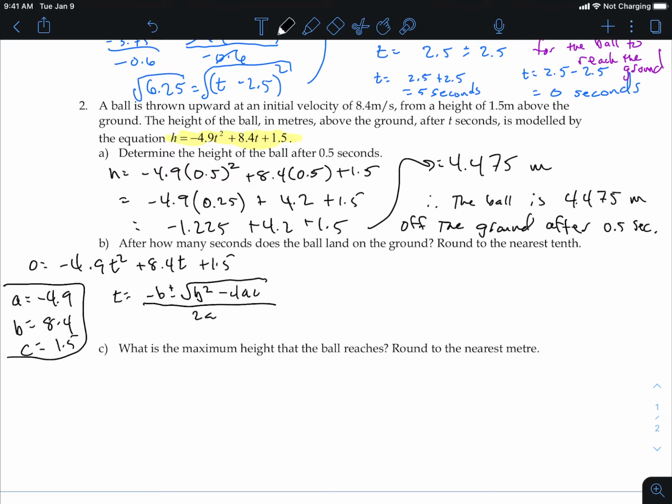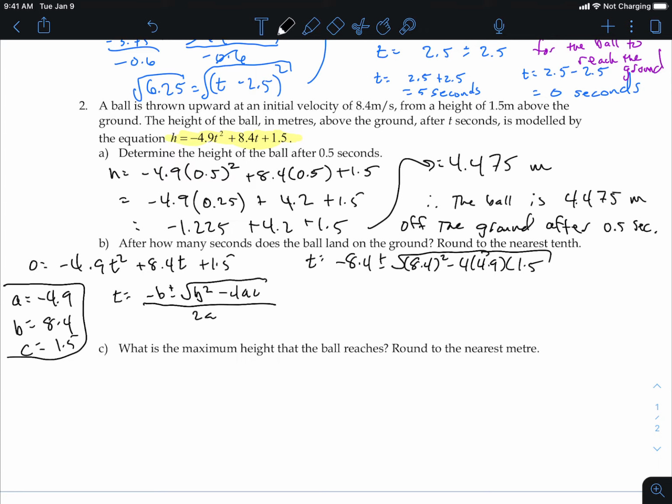So you can plug everything in. I'll write that step: negative 8.4 plus or minus the square root of 8.4 squared minus 4 times 4.9 times 1.5. And that is t equals.